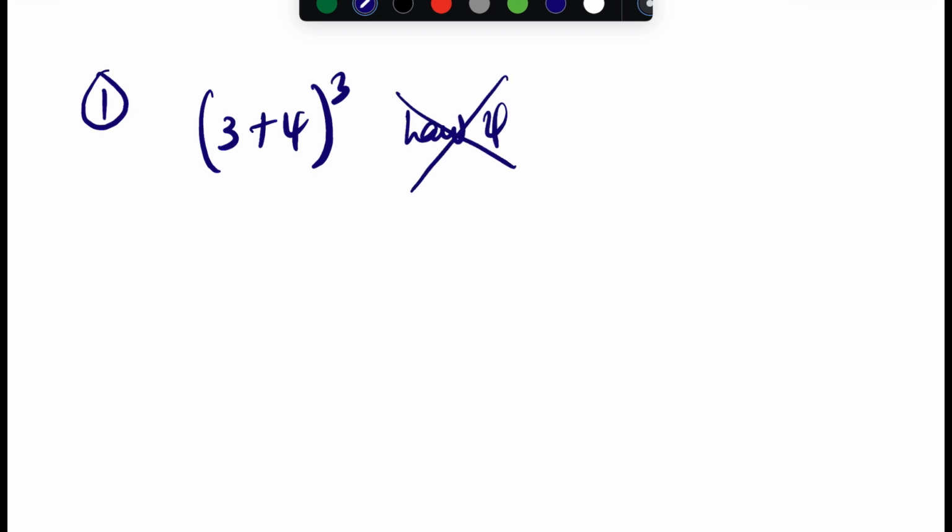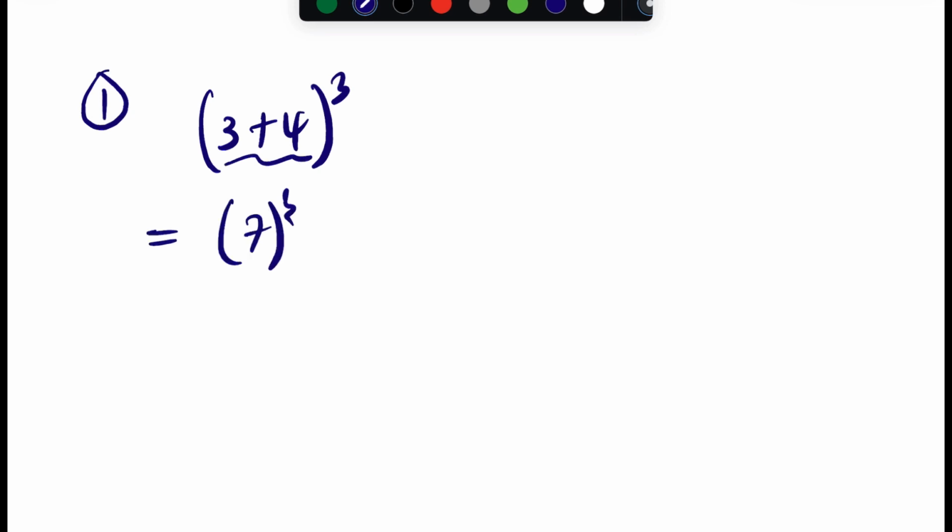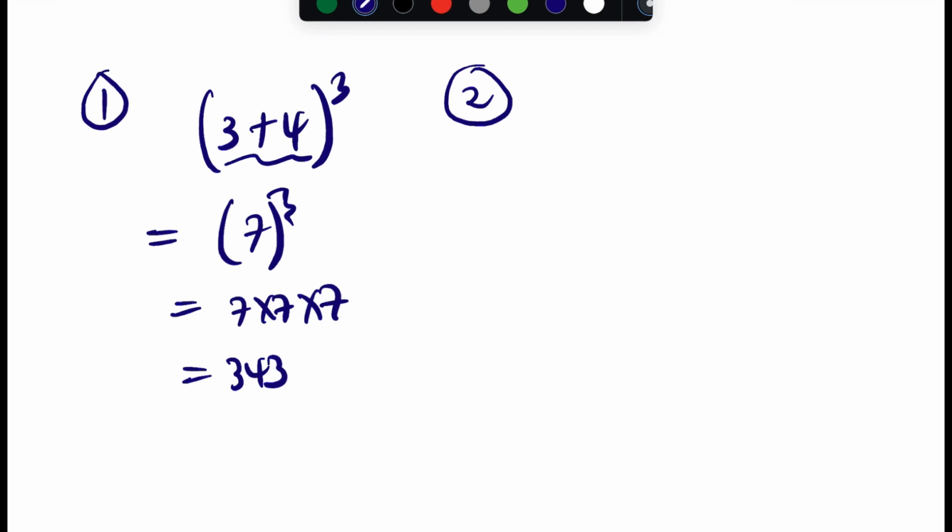So what you can do there, you can say 3 plus 4 is 7. 7 to the power 3 is 7 times 7 times 7. It's 343, right?